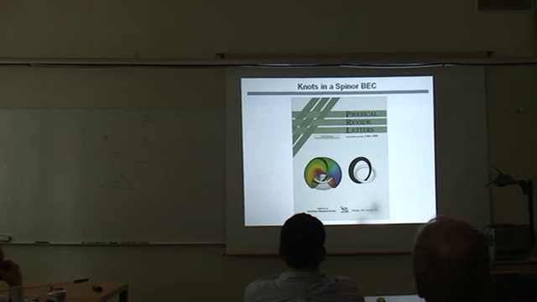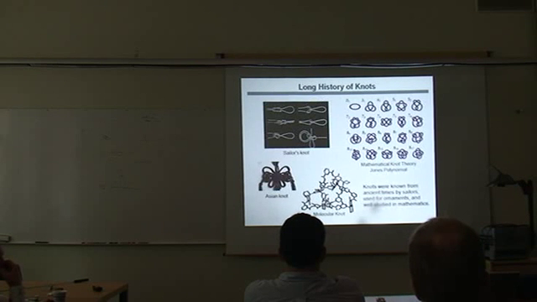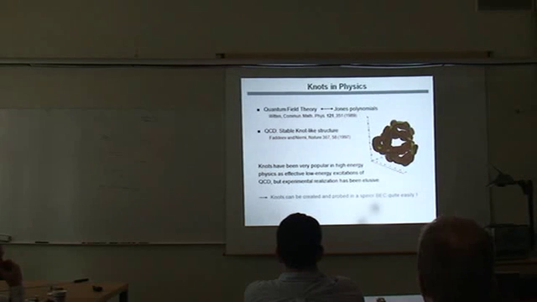Okay, now let me turn to the question of knots in a spinor BEC. Knots have a very long history from ancient times, Asian knots, and mathematics and also chemistry. Knots have also been very popular in high energy fields as an effective low energy excitation, QCD.